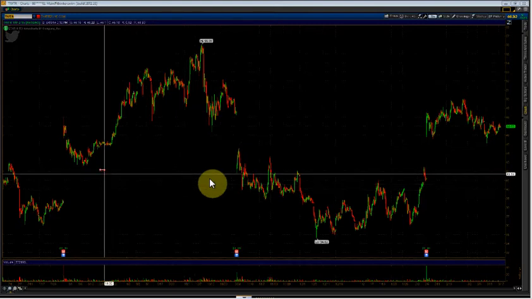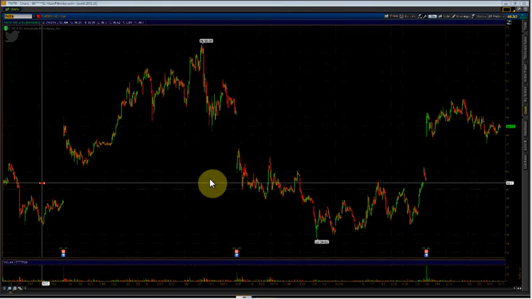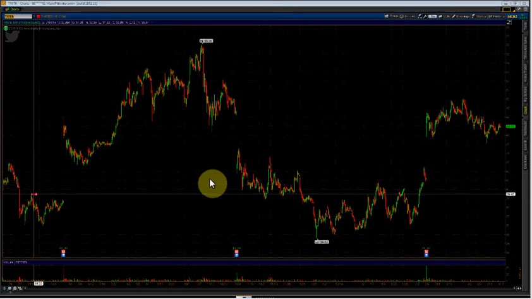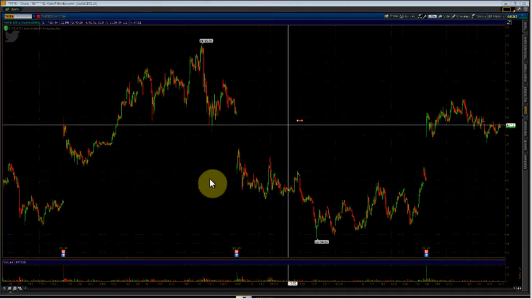When we just look at this chart, let's look at, based on what it's done, what we feel we'd be able to use to effectively trade it. Just take a minute and kind of look at it.